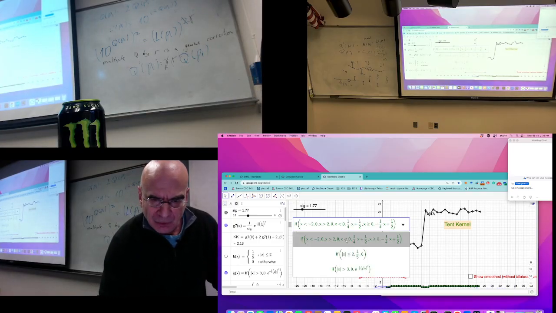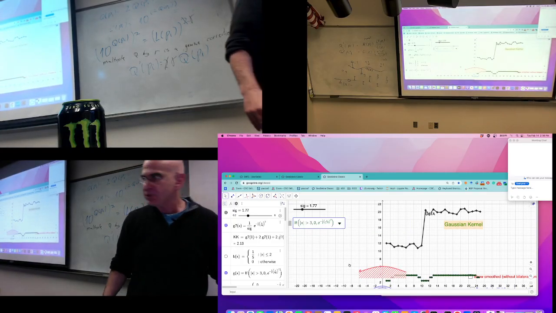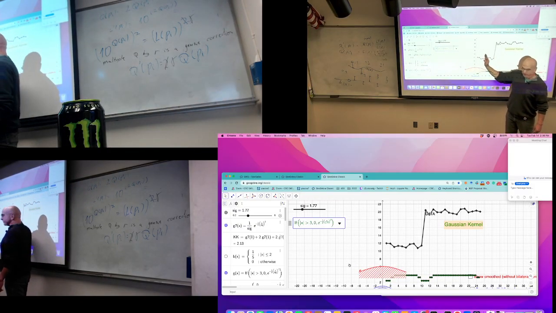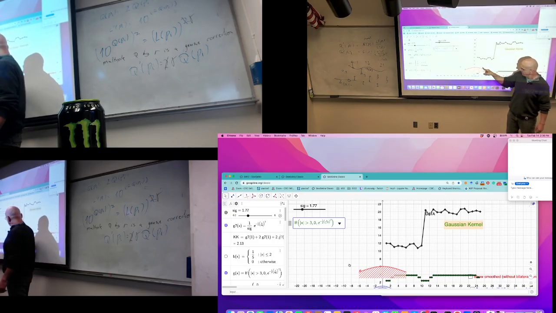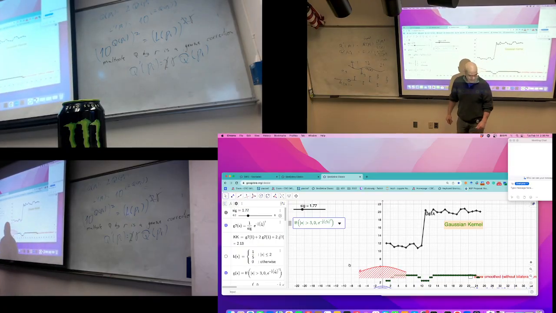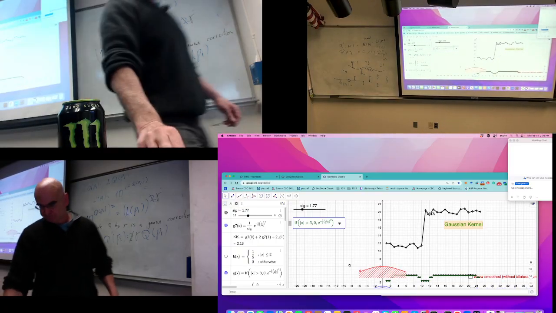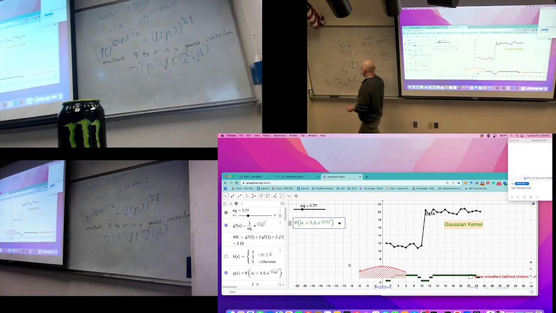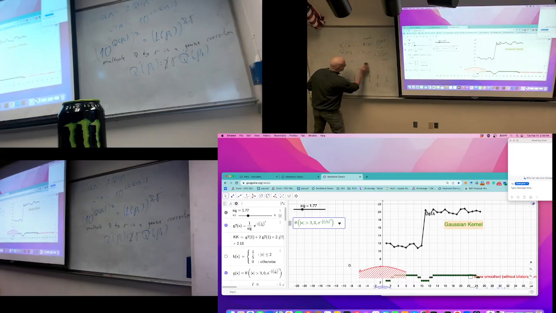The same way I can use a Gaussian kernel. I'll give some weight to elements on the left and some weight to elements on the right, but the way I change the weight depends on the Gaussian. This is e to the minus x squared divided by 2 sigma squared.